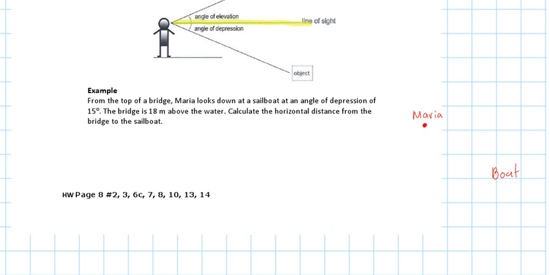Let's say this is the bridge right here, and she's standing right on the bridge, and the bridge has a vertical line coming down out of it. This is going to form a right angle triangle. Why is this a right angle triangle? How do I know it's a right angle triangle?